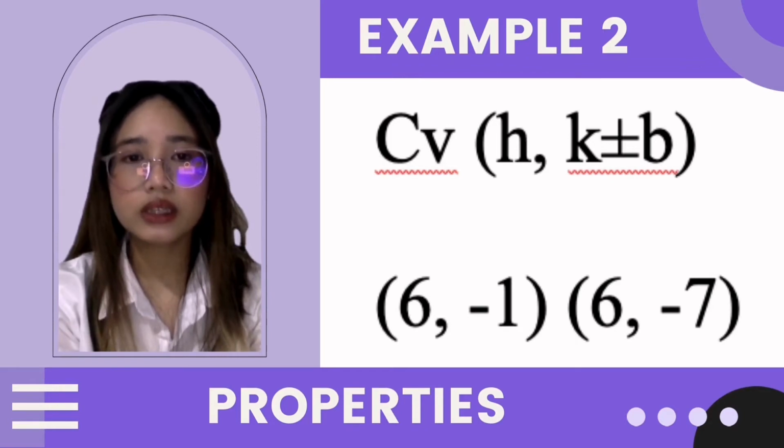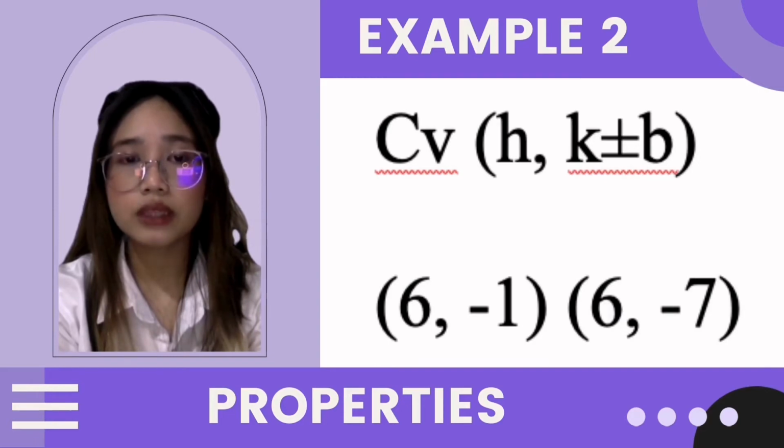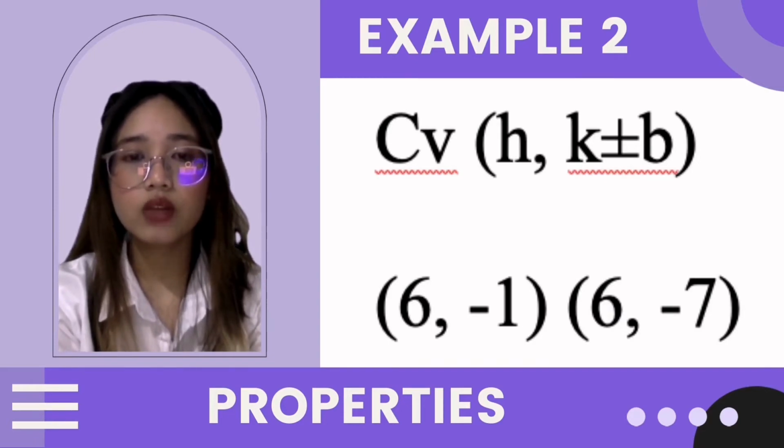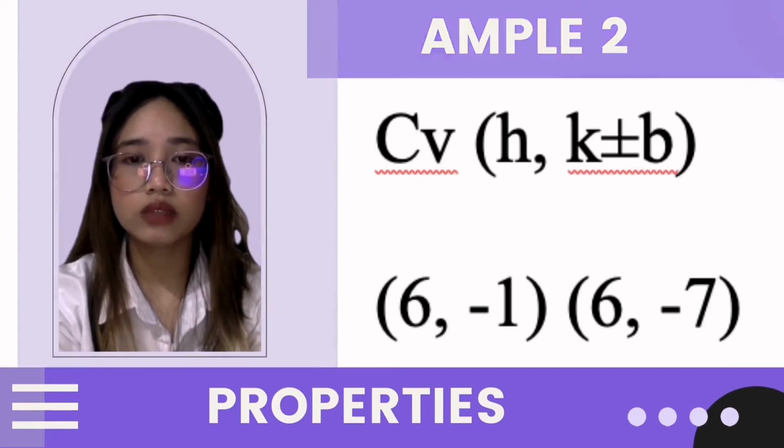For h, it is 6, comma, k plus b: negative 4 plus 3 equals negative 1. And the other one is, for h, 6, comma, negative 4 minus 3 equals negative 7.